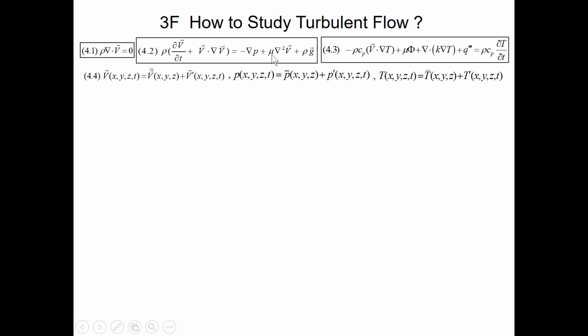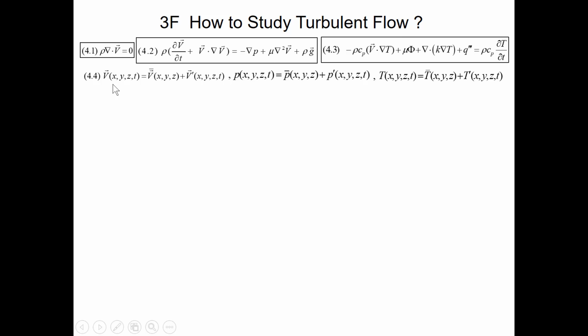F. At this point, we should have a general idea on how to study turbulent flow. First, we use the 5 governing equations to describe turbulent flow and laminar flow.